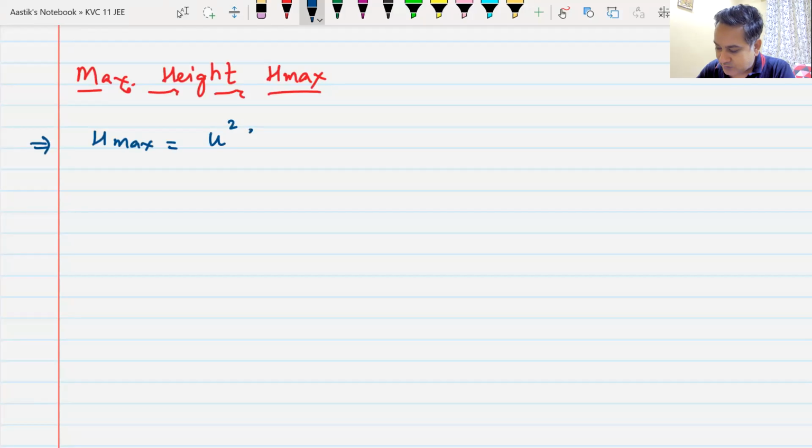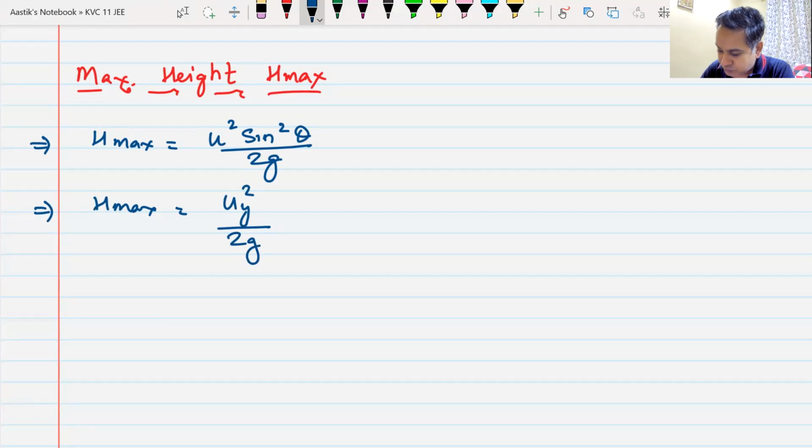It is u square sine square theta by 2g. I can also write it as uy square by 2g. H max is uy square by 2g.